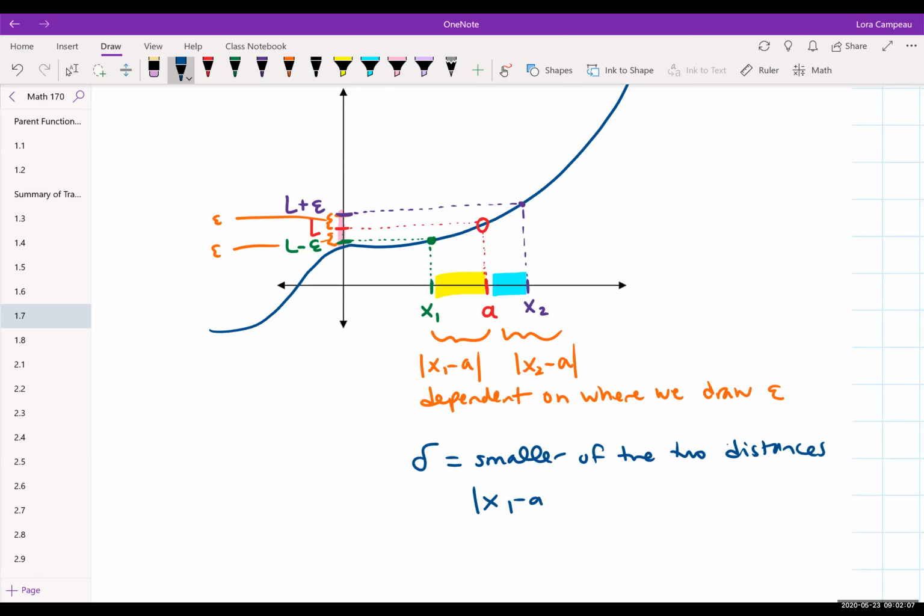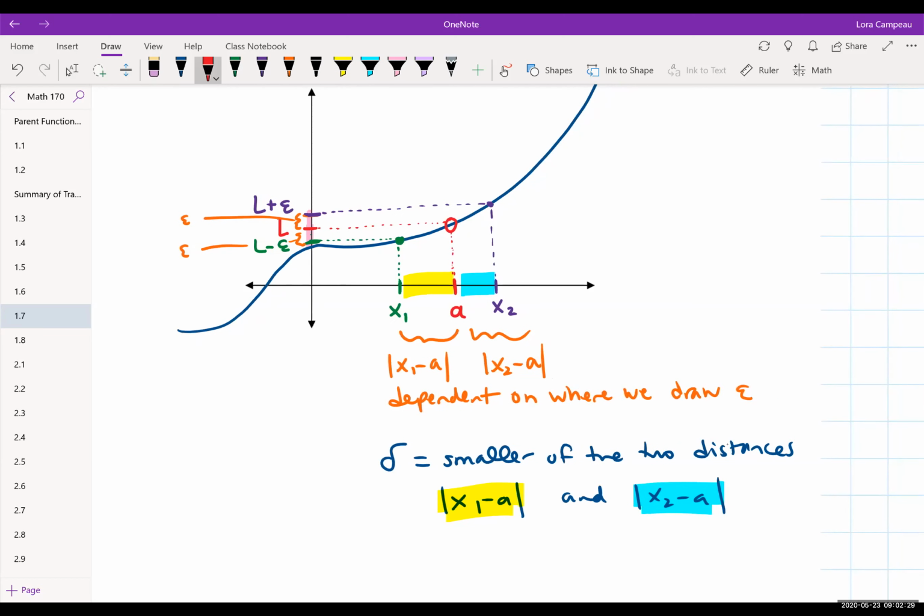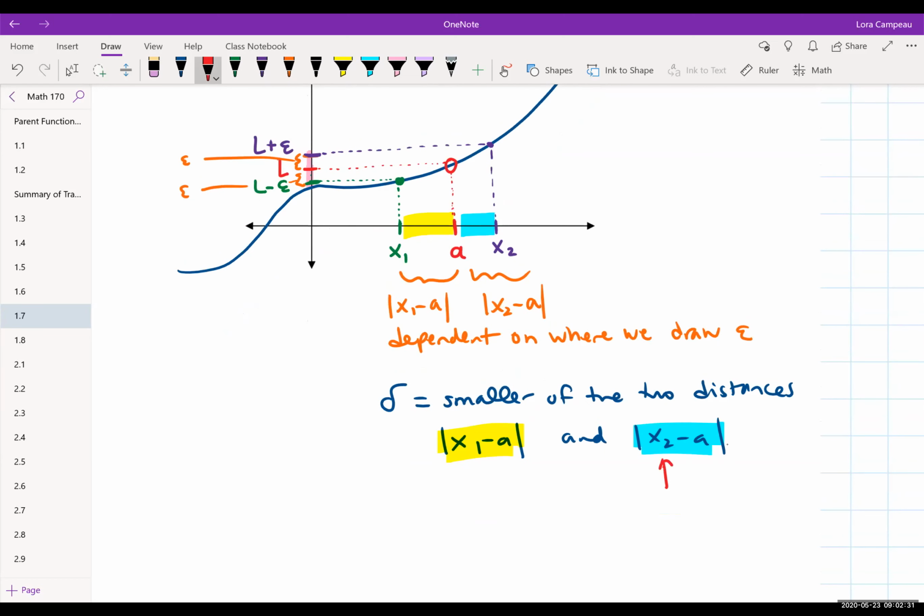I always talk about the yellow highlight or the teal highlight, but we're looking at either x1 minus A and x sub 2 minus A. And just to map this back so you see it, I highlighted yellow the distance between x1 and A, and teal the distance between x2 and A. If we look at our graph and inspect it, it does appear, the way we've drawn our picture, that this is smaller.